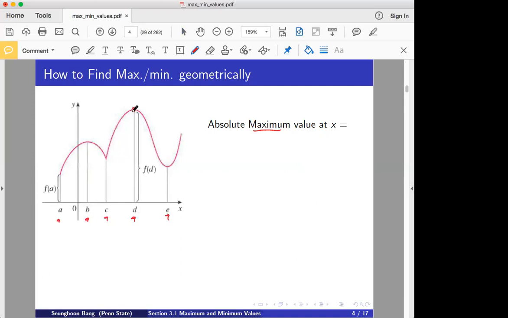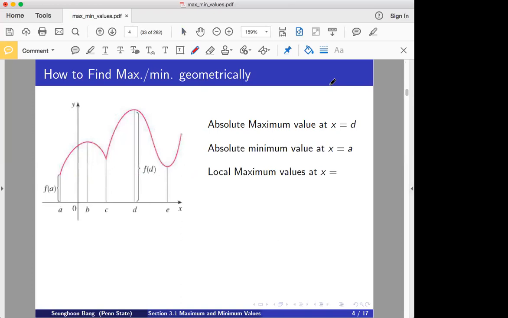It's the highest point, exactly the absolute maximum. What about the x value for which f is the absolute minimum? Yeah, the lowest point. This point is exactly the lowest point. f of a is the lowest point, the absolute minimum.